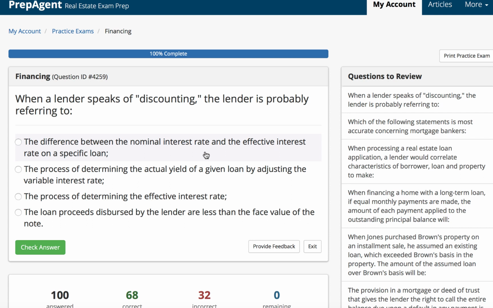Okay. The difference between the nominal interest rate and the effective interest rate, the process of determining the actual yield of a given loan.